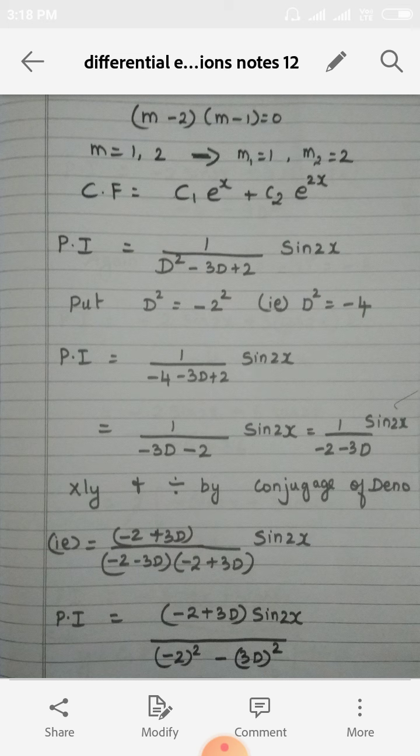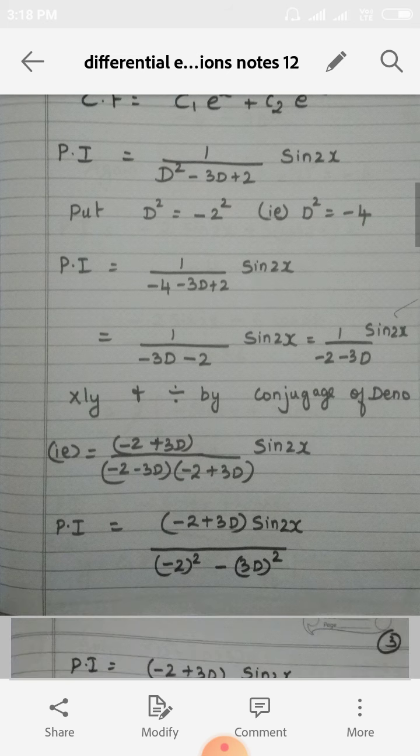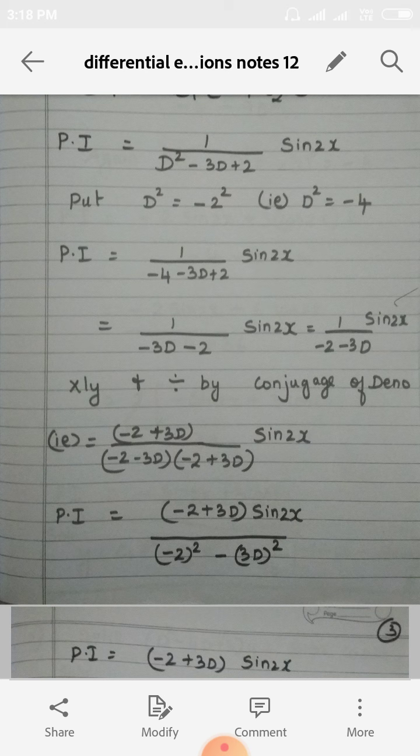So we get 1 by, we have to put D square, so minus 4 minus 3D plus 2 into sine 2x. Okay. So minus 4 plus 2 we get minus 2. Therefore, minus 2 minus 3D into sine 2x, that is nothing but 1 by minus 2 minus 3D into sine 2x.